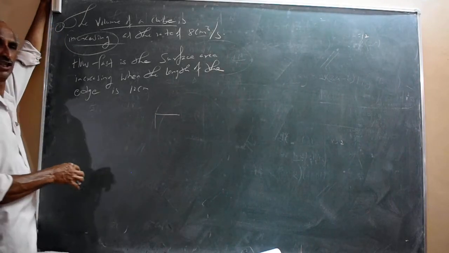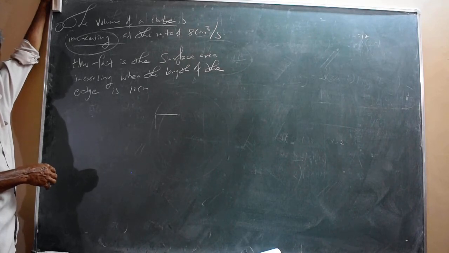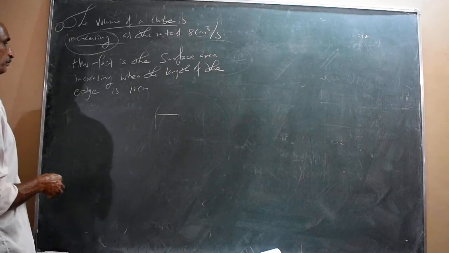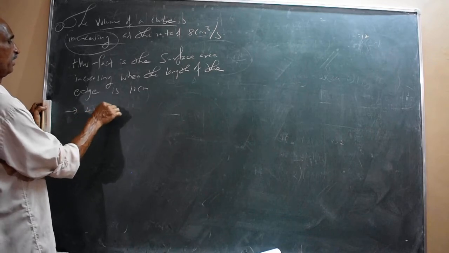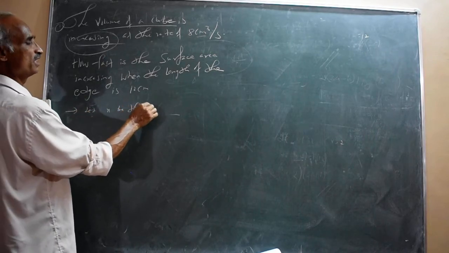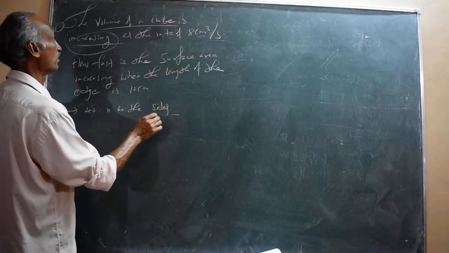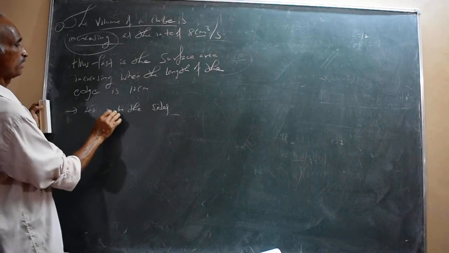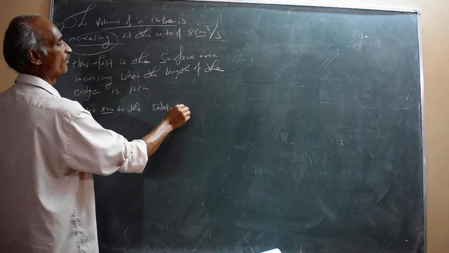The cube will have 6 surfaces, all of equal areas, because all edges of the cube are equal. Let x be the side, the edge. What unit is mentioned here? Centimeter, no? Therefore, x centimeter be the size of a cube.